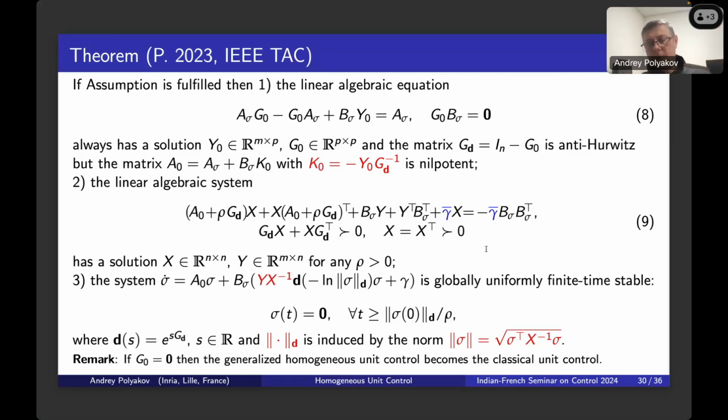So we can always design a homogeneous unit control which will reject the bounded matched perturbation, and we can also estimate the settling time to the sliding surface. So based on the value of the canonical homogeneous norm in the initial state and this parameter rho, which is a tuning parameter for the convergence rate. If you want to boost the convergence, you need to increase rho. In this case, the faster you will reach the sliding surface.